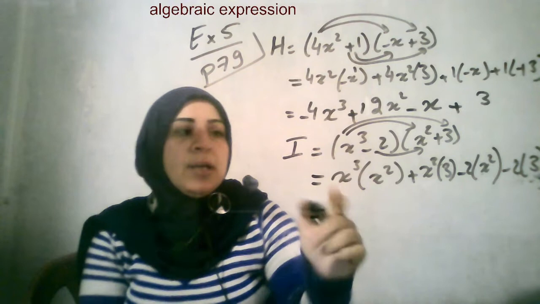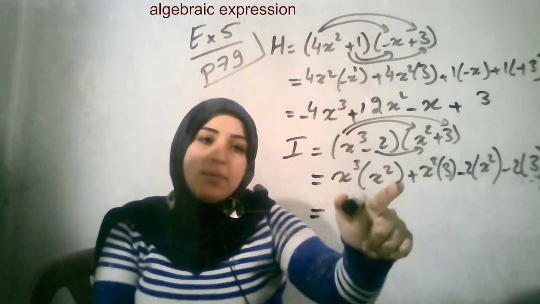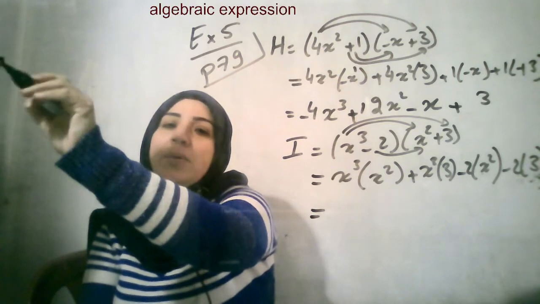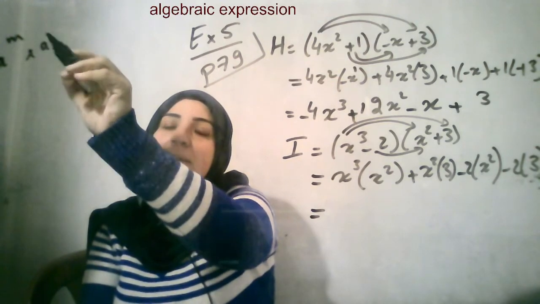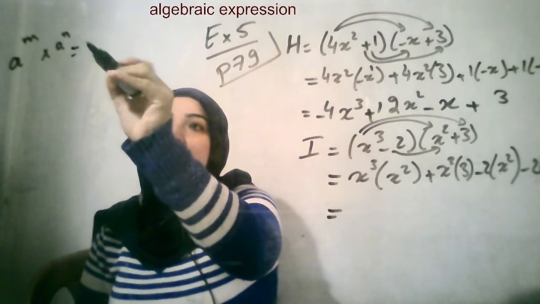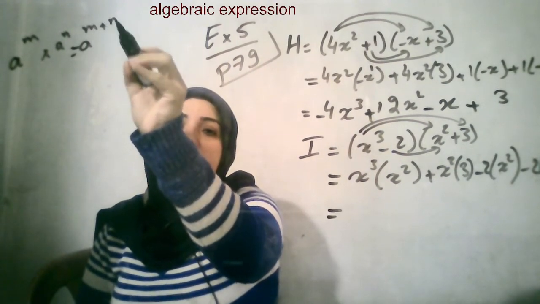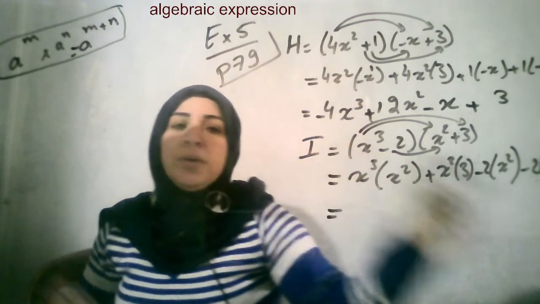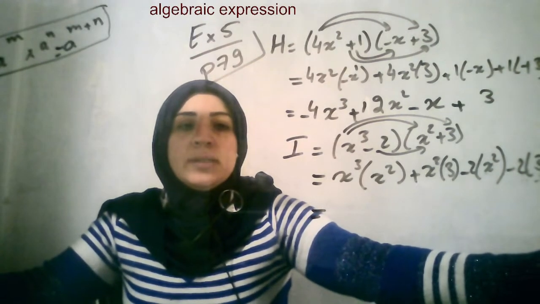How? x cubed times x squared, same base, just add the exponents. Okay, we are applying here the rule a power m times a power n. It's the same as a power m plus n. We solved the rule before, and we know where it came from.